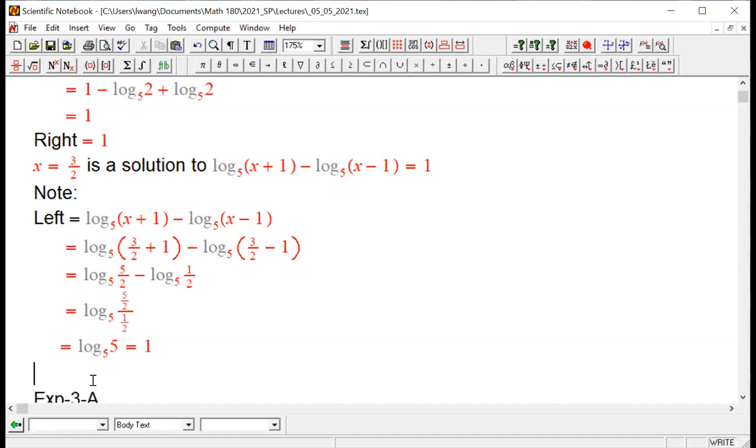Okay, so now it's your turn. We're done with the product rule and quotient rule in solving logarithm equations, the 3 major steps. So next, I want you guys to try number 6, number 7, number 8. Are you ready?